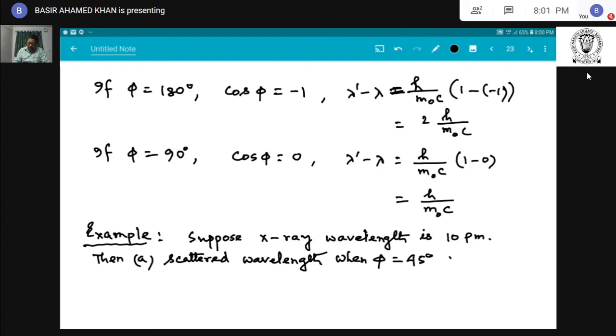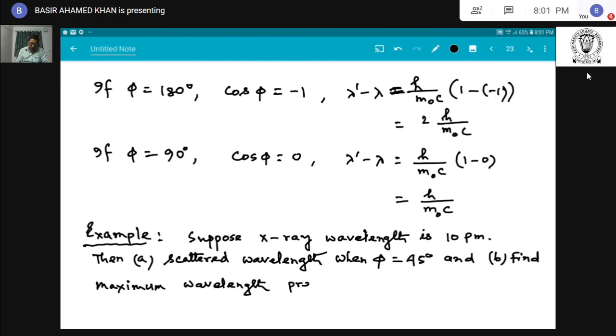And secondly, find the maximum wavelength present in the scattered X-ray.